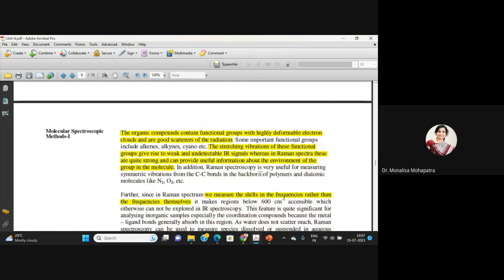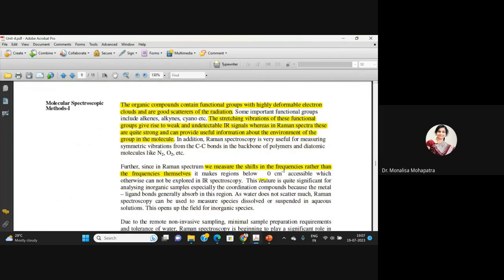if you are not getting it at the desired position. So the organic compounds contain many functional groups, which have highly deformable electron clouds and are good scatterers of the radiation.